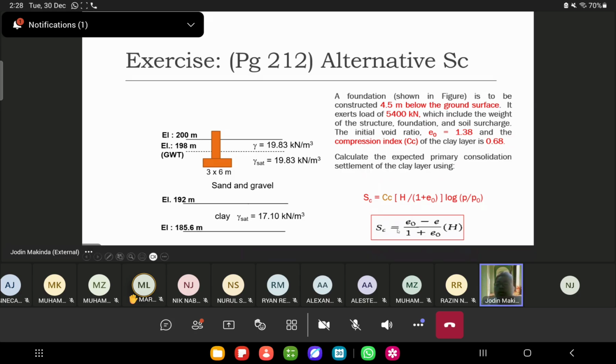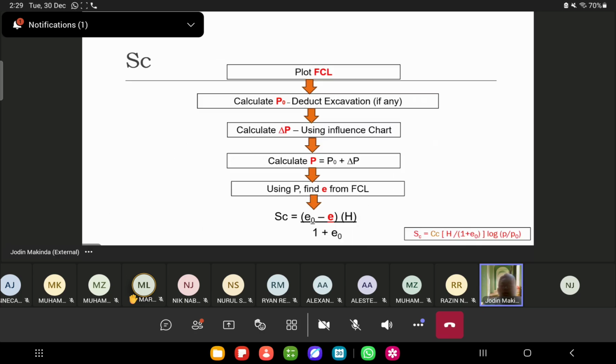Commonly, we use the one at the bottom here. But through this example, we learned that CC, the slope of the consolidation, can also be used to calculate the total settlement. This is the alternative formula.